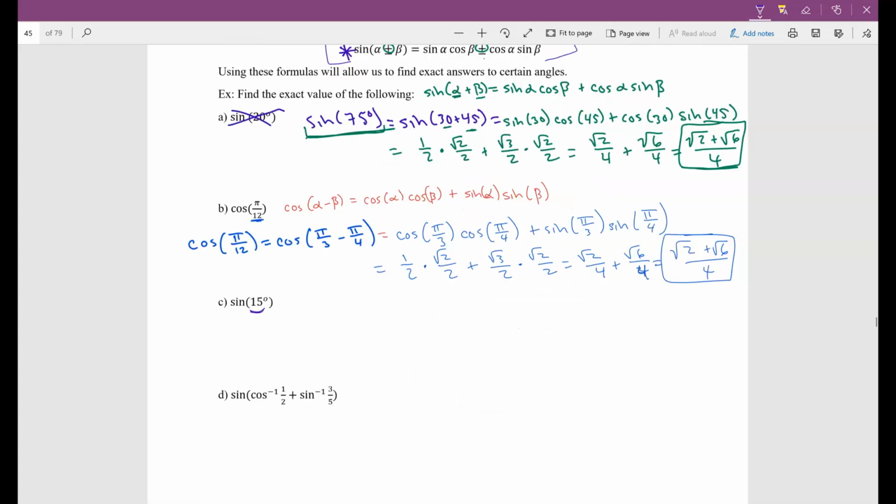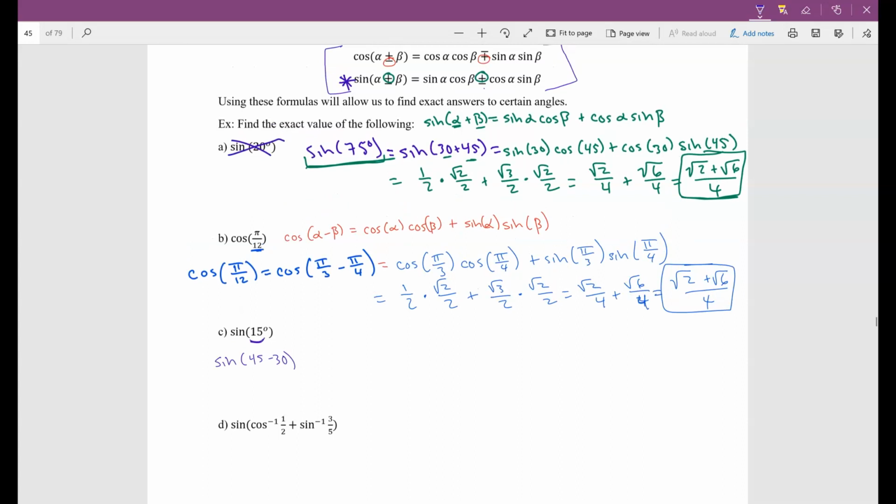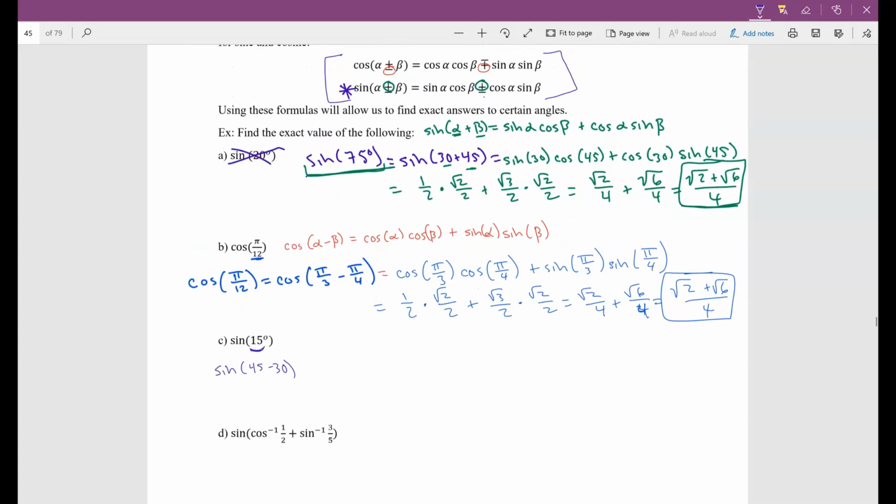We're going to go back and use a sine. Since we're subtracting two different things, we're going to take the sine of 45 minus 30. Using our sum and difference formula, we know we have to use the formula sine of alpha minus beta equals sine alpha cosine beta, minus cosine alpha sine beta.